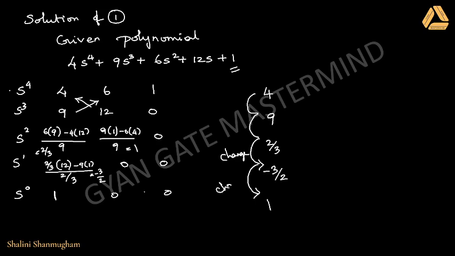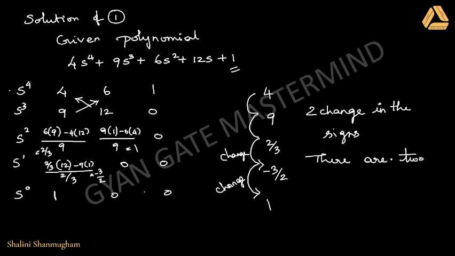So there is again another change. There are two changes in the signs of the elements of the first column. From this we found that there are two roots of the characteristic equation on the right half of the s-plane.